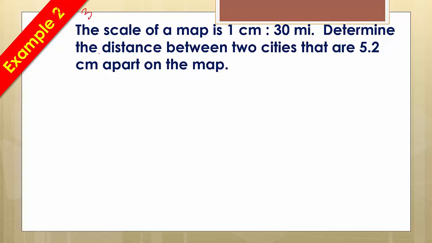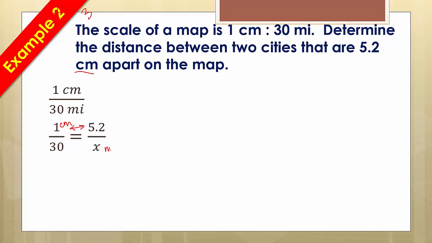So 3. The scale of a map is 1 centimeter to 30 miles. Determine the distance between two cities that are 5.2 centimeters apart on the map. So start off with your ratio, 1 centimeter equals 30 miles. Then set up your proportion. Now, they gave us 5.2 centimeters, so that's got to match where the centimeters is. Because remember, this is centimeters, so it's got to match the spot on this side.